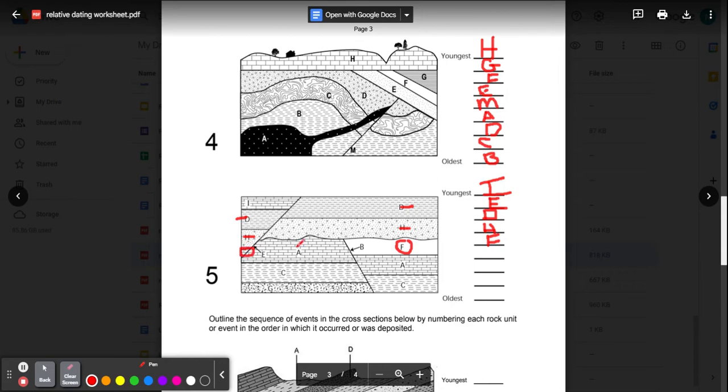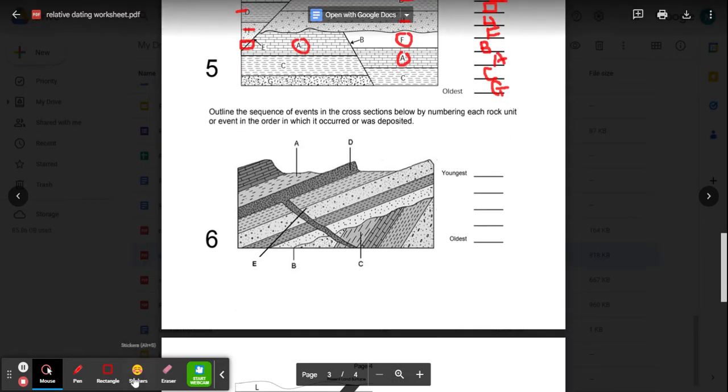There's an A and there's an A, but F's all by itself. So F had to have happened, and in order for F to have happened, B had to have happened. Then A, then C, and then G. Woo! And I really had to look at that one for a second.